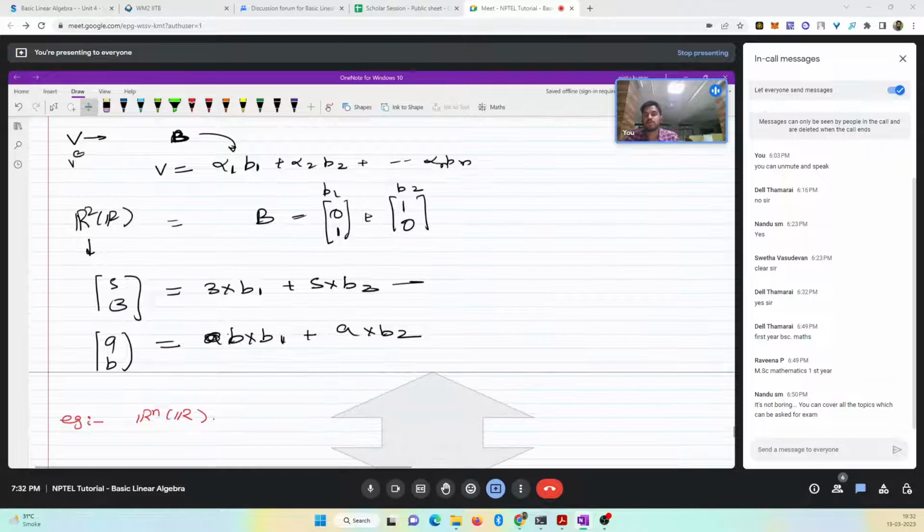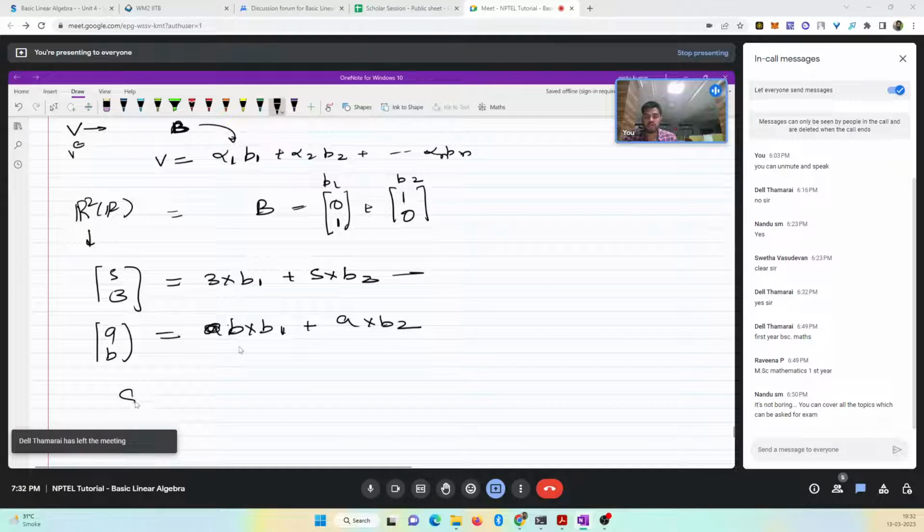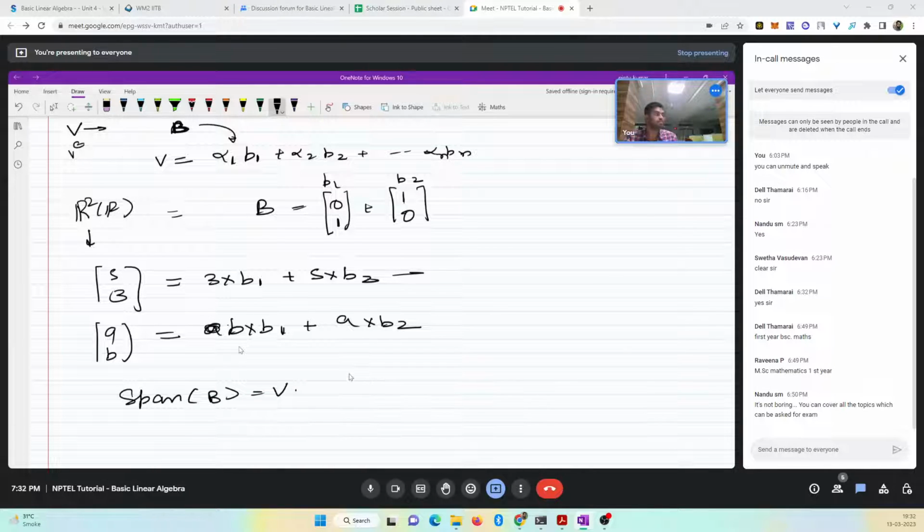What was the first property? That the span of B should be the complete V. You can write any element of your R2 as a linear combination of these two vectors, right?